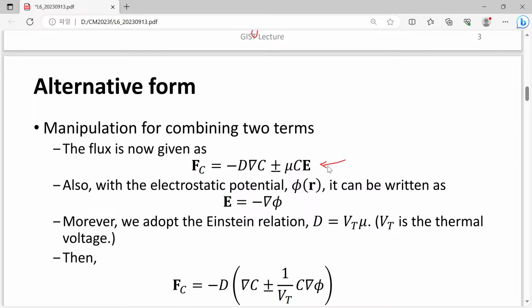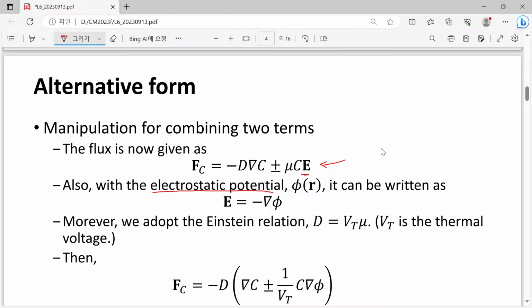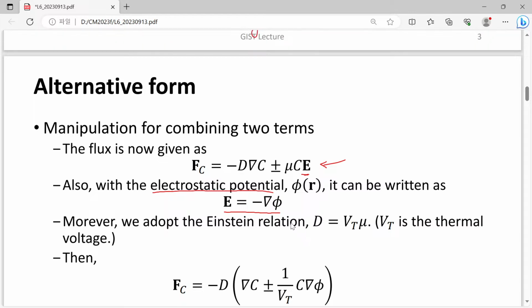Here we have the electric field. However, under the electrostatic potential approximation, we can write it in this way. The electric field can be written as the gradient of a certain scalar field called the electrostatic potential phi, and here we have a negative sign due to our convention.